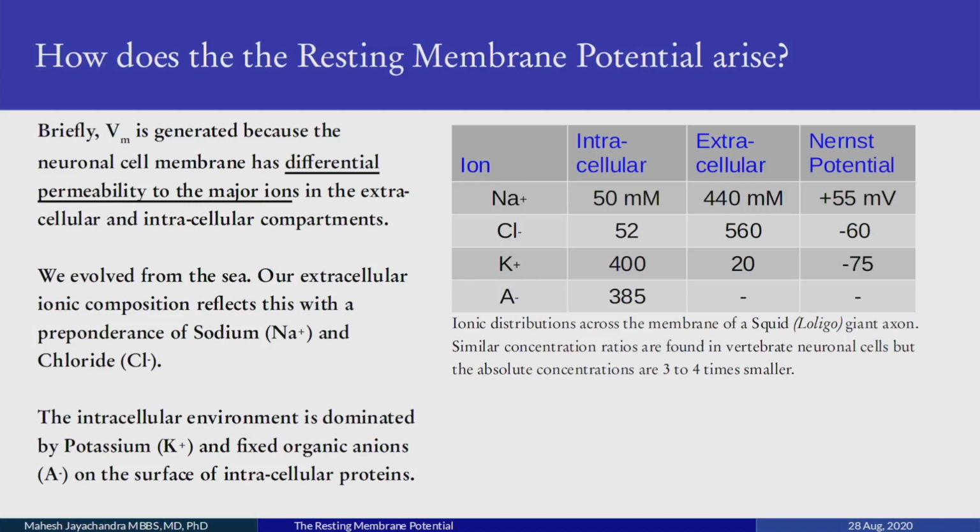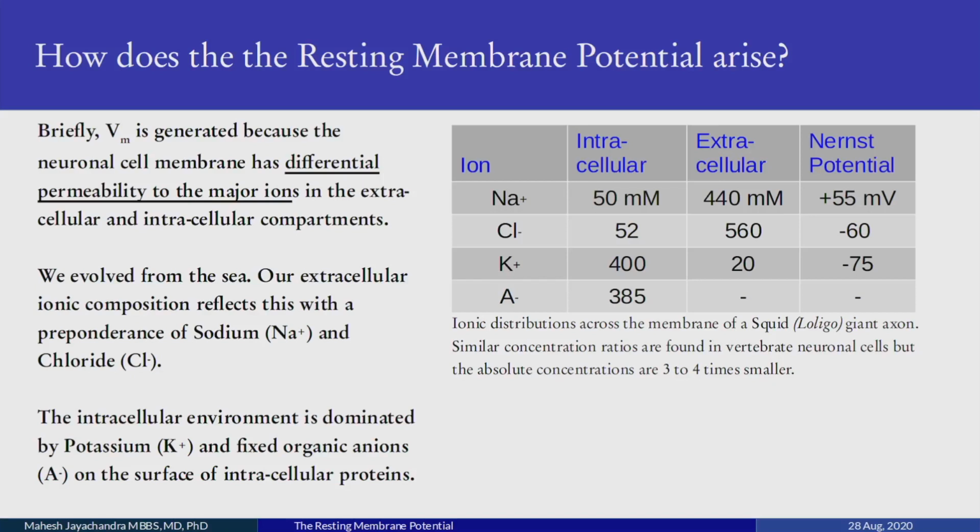As I mentioned earlier, we evolved from the sea, so our extracellular ionic composition reflects this with a preponderance of sodium and chloride. The intracellular contents, on the other hand, are dominated by potassium and fixed anions. These are charges fixed on proteins, which are massive creatures and they can't move through the ionic channel, so they have to stay put. They are on the surface of these intracellular proteins.